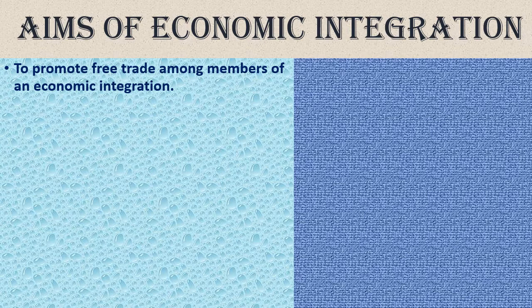By free trade, we mean that economic integration discourages trade restrictions among member countries. Trade restrictions include the use of quota, embargo, tariff, and many other tools that can restrict trade.